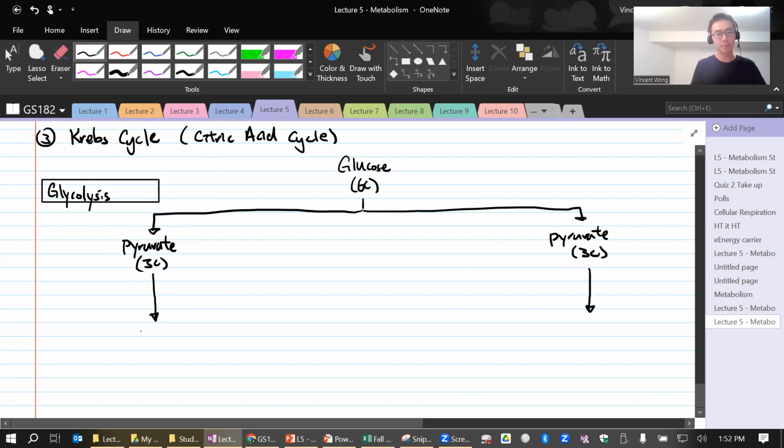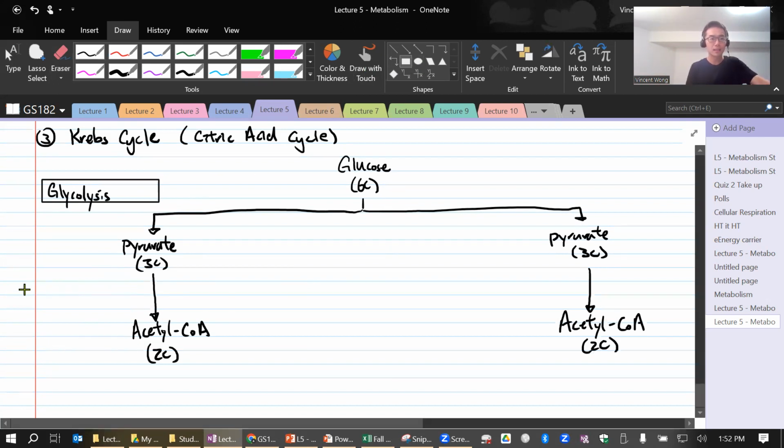In the second step, remove carbon dioxide, produce NADH, and we recharge it with coenzyme A. So we end up having acetyl-CoA, which is 2 carbons, right? We lost a carbon because we removed the carbon dioxide. So this is pyruvate oxidation.